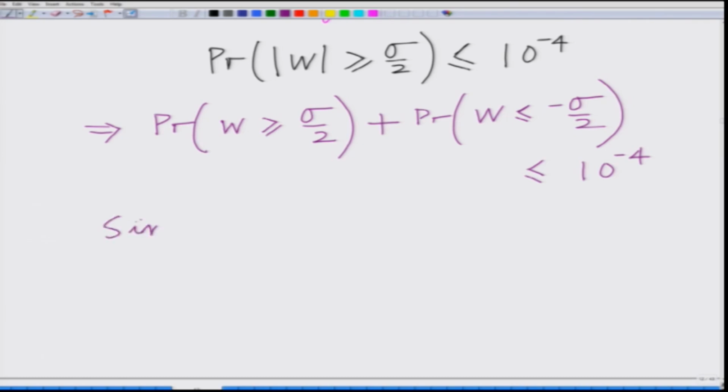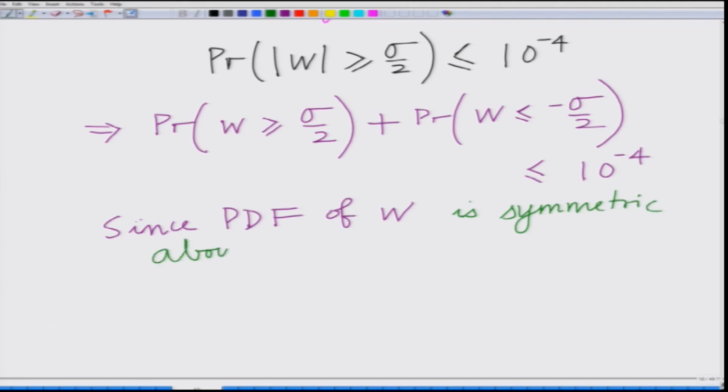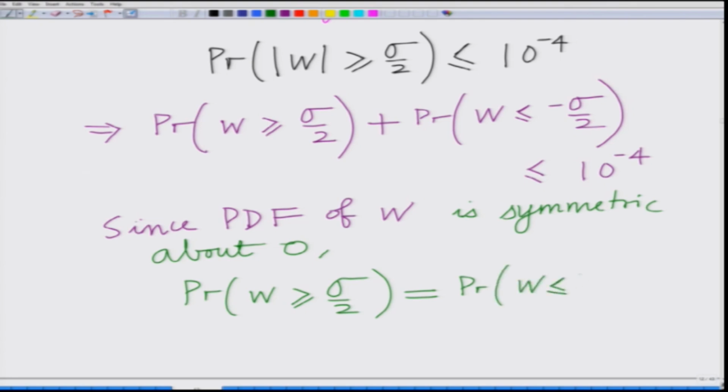Now therefore, since the PDF of w is symmetric about 0, the probability that w is greater than or equal to sigma by 2 equals the probability that w is less than or equal to minus sigma by 2.